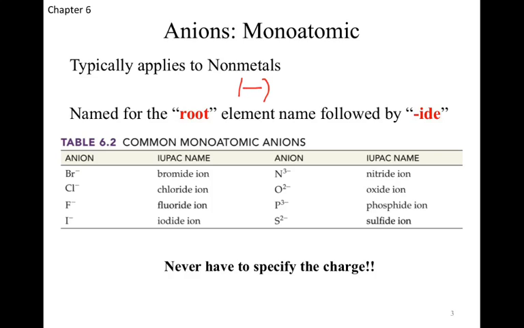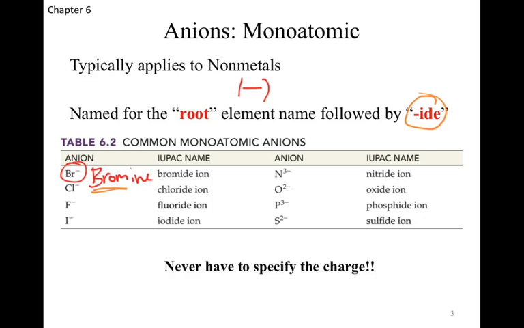They've given some examples, in fact they've given you a lot of examples down below. So if we start with that first one, that element is bromine. Well, the root in that, and it's always going to come up to different opinions, I would say is brom. So we would start with brom followed by our ending of -ide, so it becomes bromide.